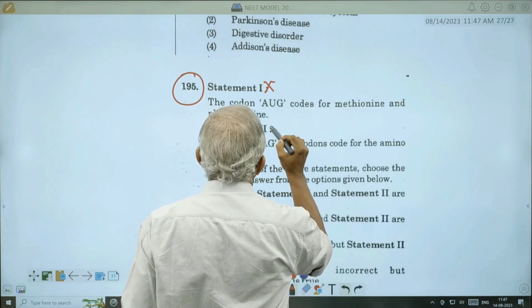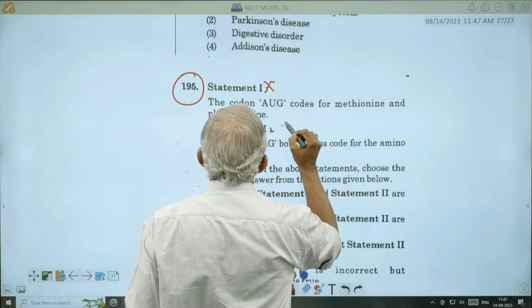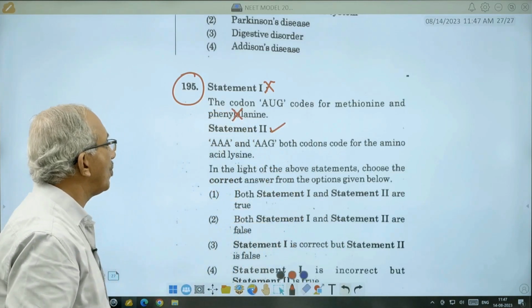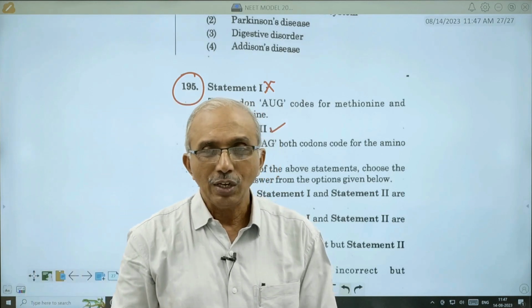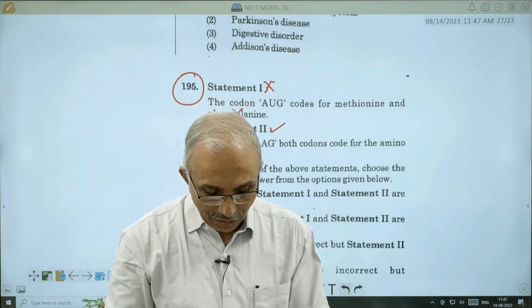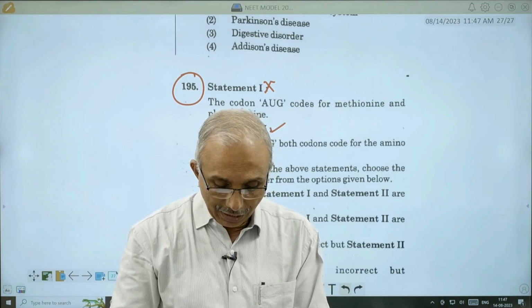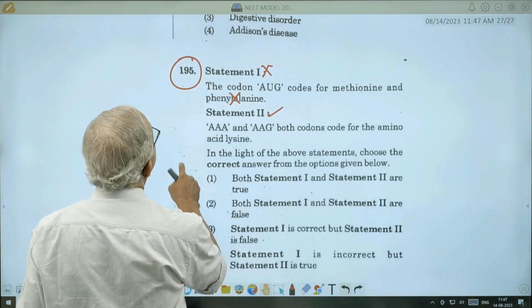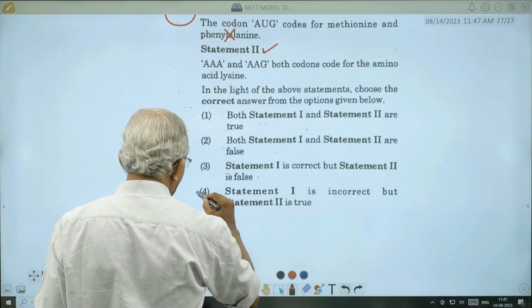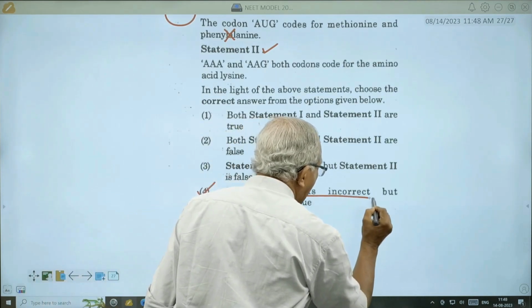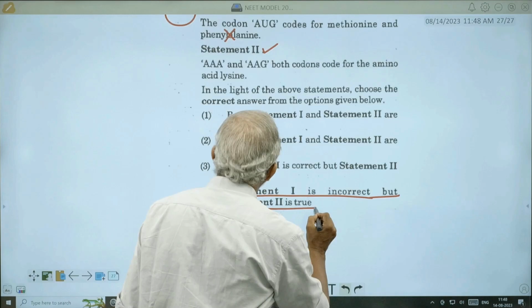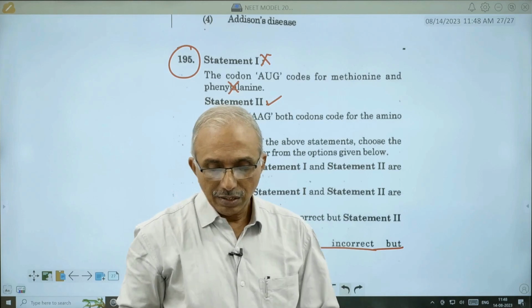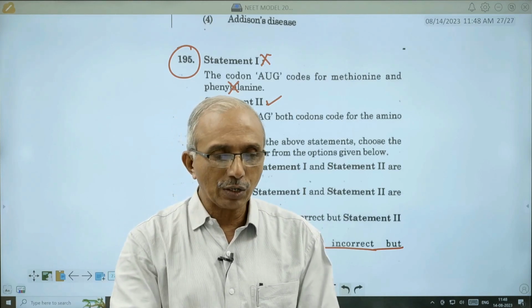Correct. Statement 2 is correct, but statement 1 is wrong. Answer is statement 1 is incorrect, but statement 2 is correct. So here the botany part question is over.